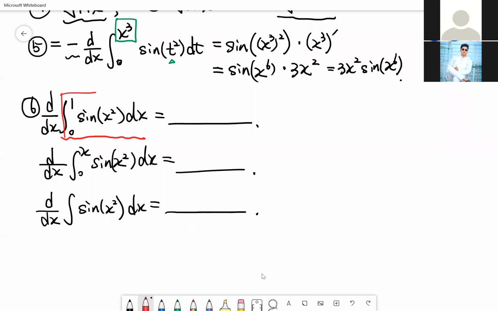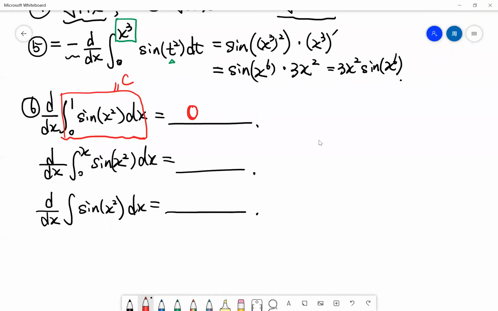So this part you should remember means a constant. And then the derivative of a constant should always be 0, right? So the result for the first one should be 0. Can you understand, guys?